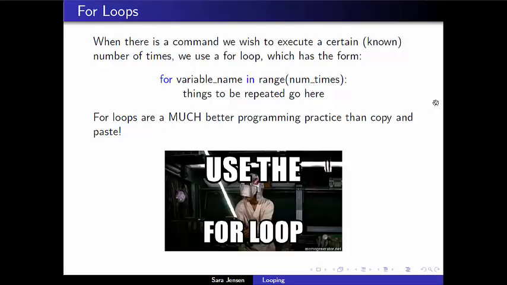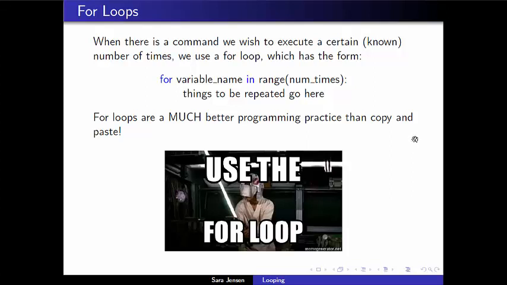The number one reason that we tend to use for loops is to make our code more readable, and it is a much better programming practice than copying and pasting. Copying and pasting works when you need to do something maybe 4 times, like creating a square, but you would get really tired of that if you had to do a task, say, 100 times. But a for loop would be able to create that code in just a couple of lines, making your code much more readable.